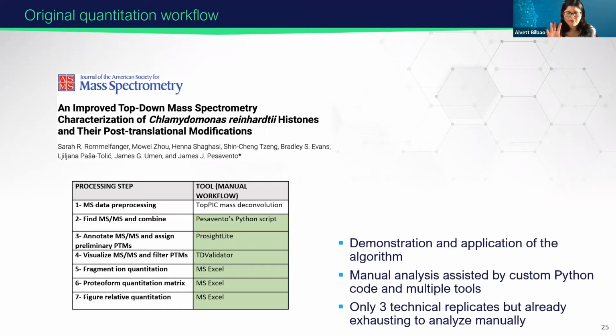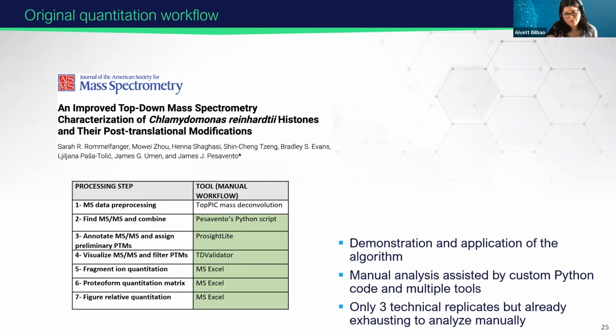The workflow starts with mass deconvolution, so they're using the mass deconvolved data instead of the charge-state results. Then James Pasavento implemented a custom Python script to take the deconvolved spectra and look for the spectra that correspond to each of the isoforms, to then accumulate these MS/MS into a single one and improve the signal to noise.